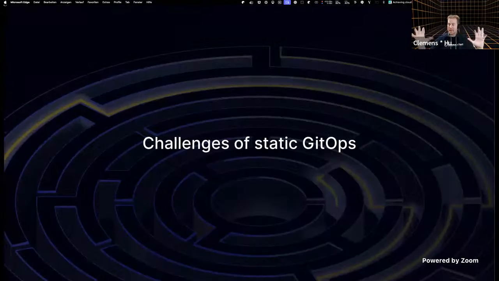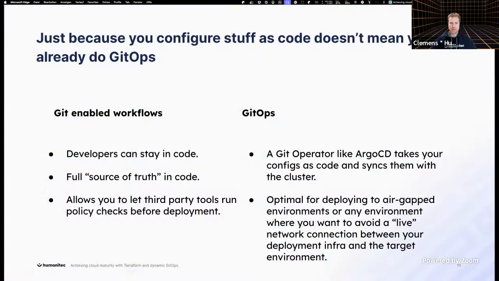So now that we're on the same page about what GitOps is, let's have a look at the challenges of static GitOps. Just because you configure stuff as code doesn't mean you already do GitOps. You're most probably doing Git-based workflows or Git-enabled workflows. So developers can stay in code. They have the single source of truth in code, which is great.